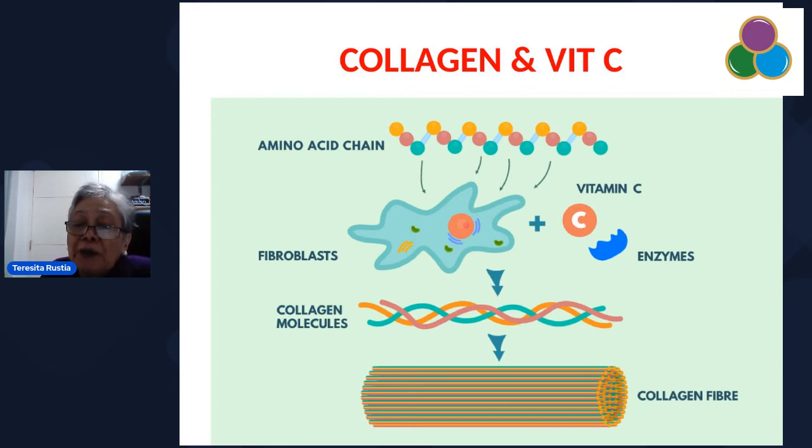So what will happen? Vitamin C and the amino acid chains are like fibers that twist together and form a rope-like structure, becoming a collagen fiber. And this collagen sticks together like glue.